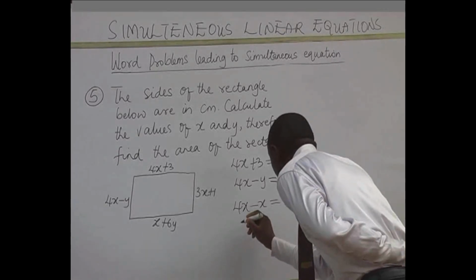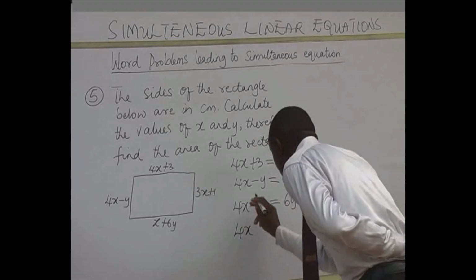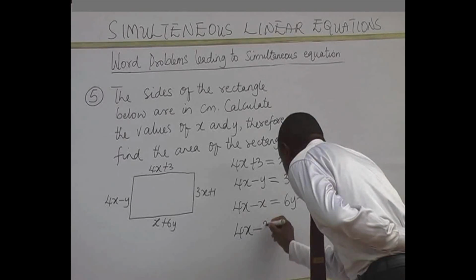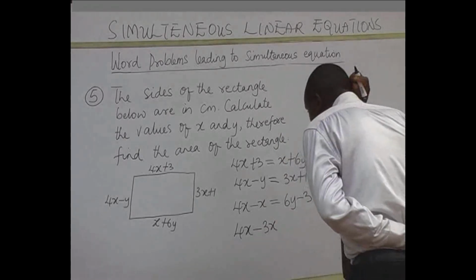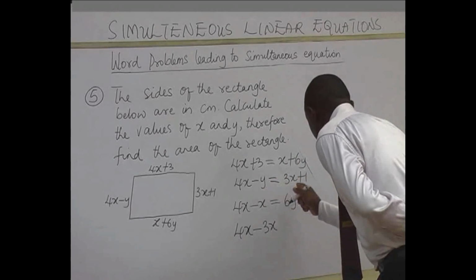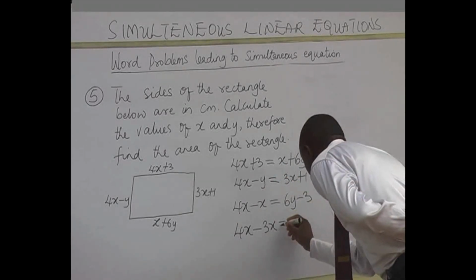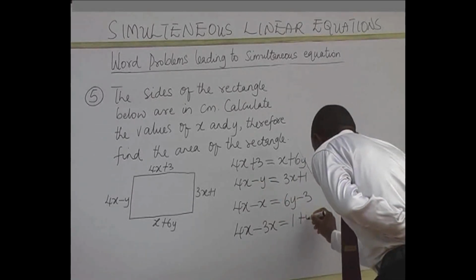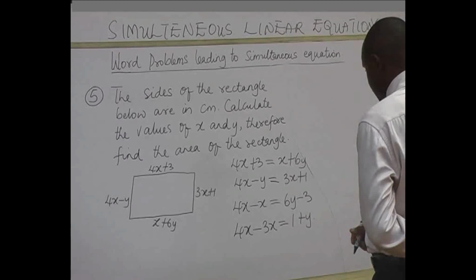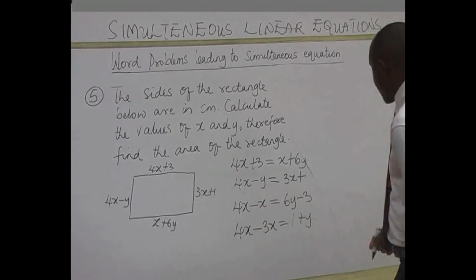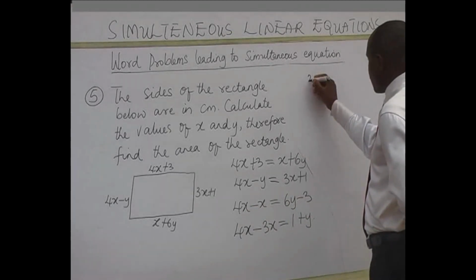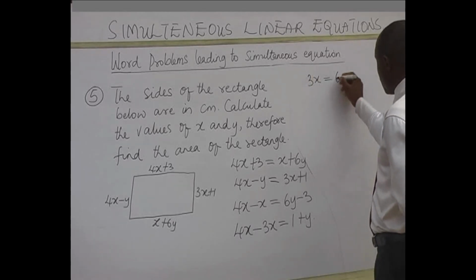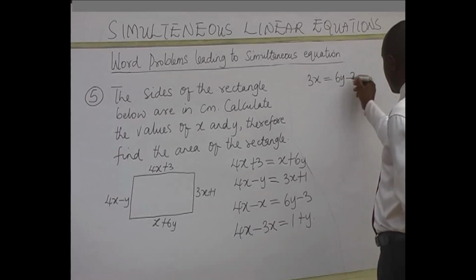Then the second equation, we have 4x. 3x coming over to this side, we change to minus 3x. Then already there is plus 1 here, is equal to 1, and minus y coming to that side, we change to plus y. 4x minus x will leave you with 3x, and it is equal to 6y minus 3.